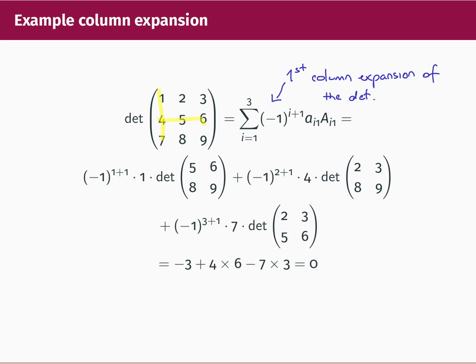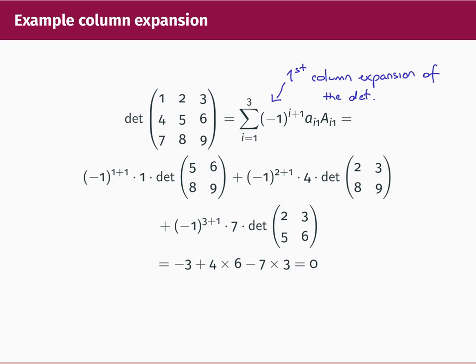When I delete row 2 and column 1, I'm left with the matrix 2, 3, 8, 9. The final term in the first column expansion will be minus 1 to the power 3 plus 1 times the 3, 1 entry, which is 7, times the determinant of the matrix obtained by crossing out row 3 and column 1. That's 2, 3, 5, 6.